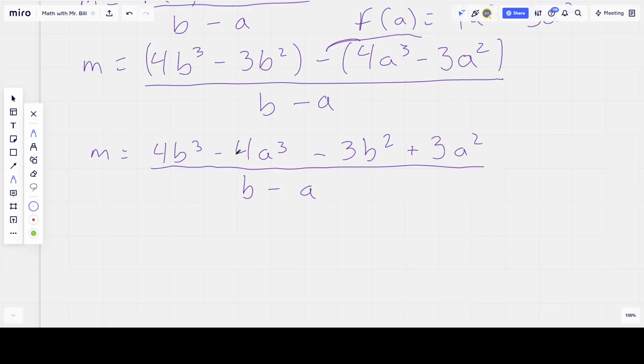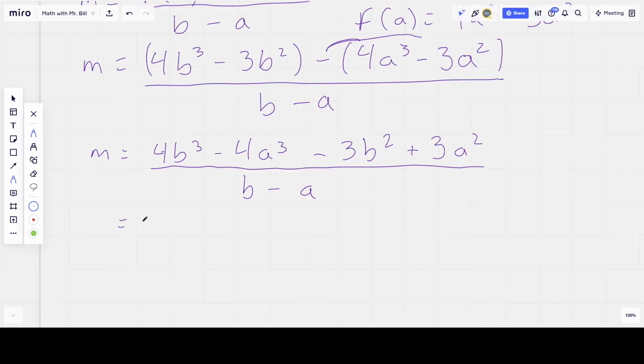So that's starting to look like maybe I'm going to get the difference of 2 cubes in the first 2 terms there and the difference of 2 squares in the second 2 terms. To help us to see that a little bit better, I'm going to factor out the 4 out of the first 2 terms. And then I'm going to factor out negative 3 out of the second 2 terms.